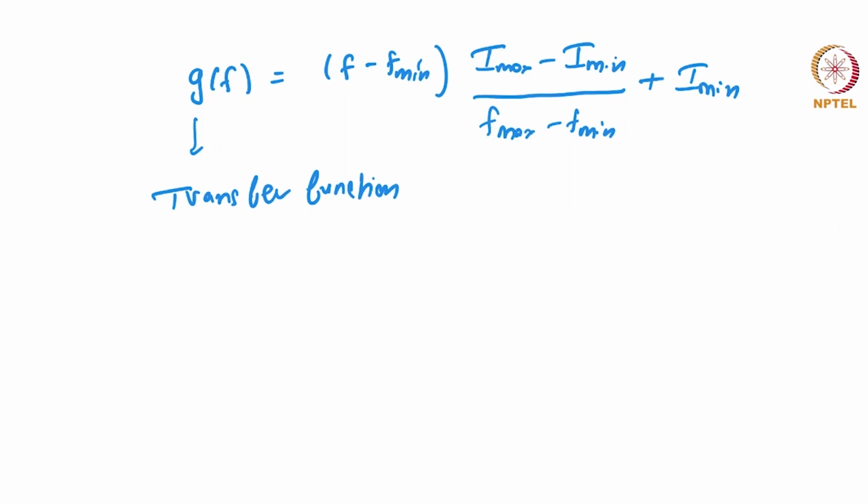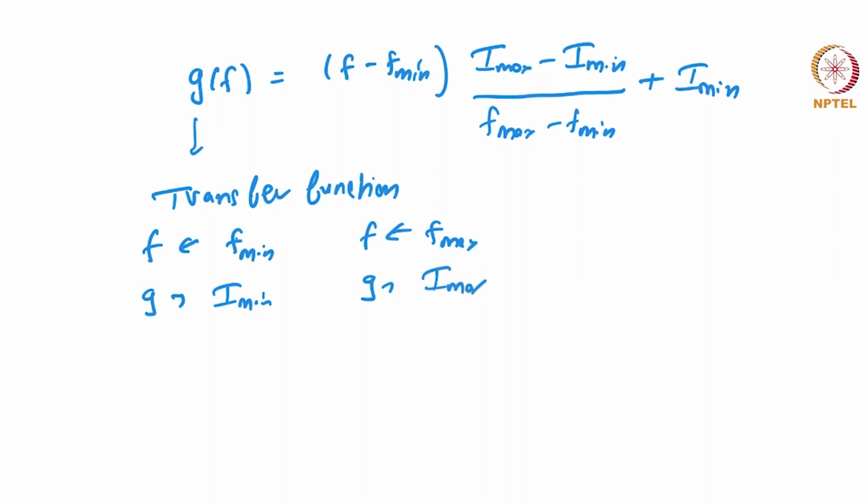For instance, you can try to see when F is equal to F min, then G goes to I min, and when F is equal to F max, G goes to I max. You can just plug the values in here and verify that.